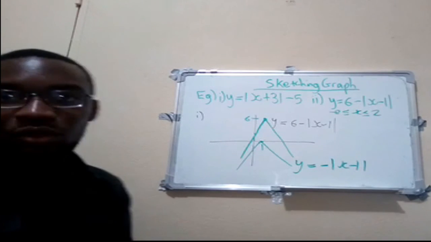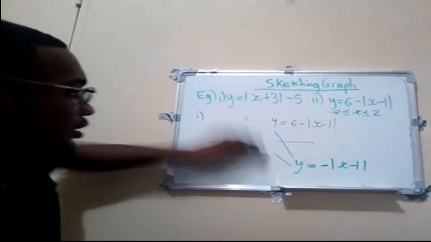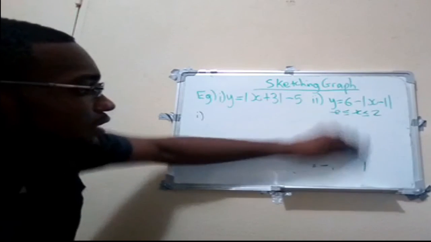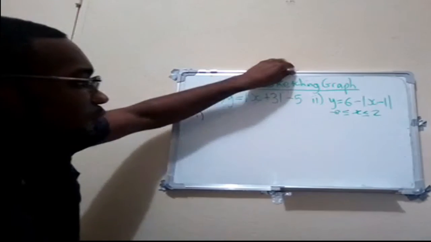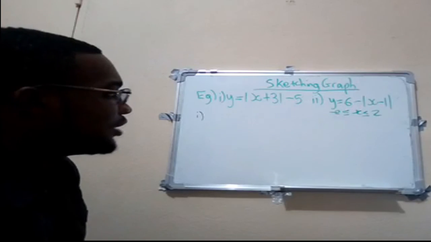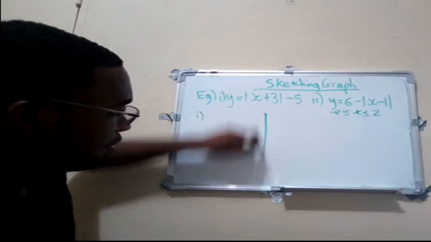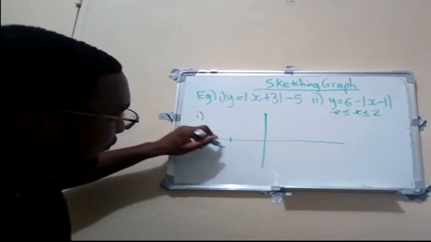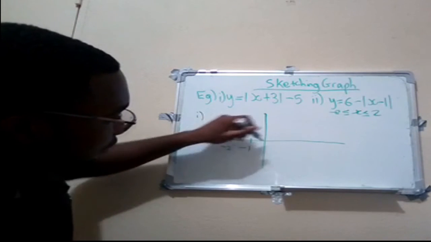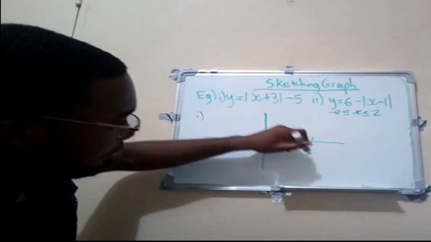Alright, so let's try it the plotting way. Let's say we're plotting between that range. So we have -2, -1, 0, 1, 2.